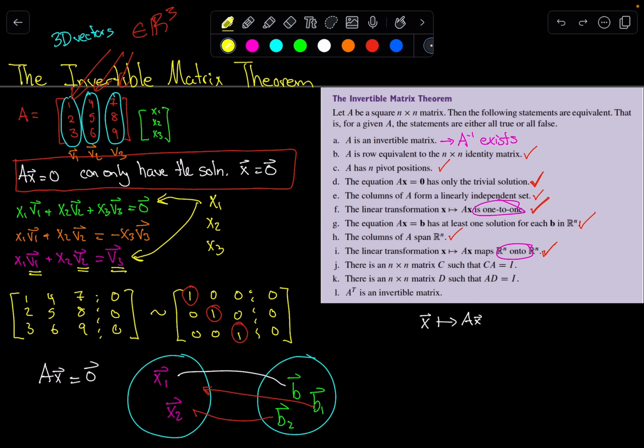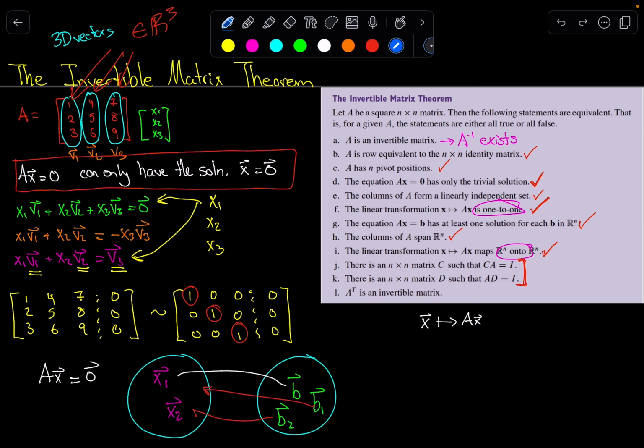So A inverse existing gives us these two as well. I'm not exactly sure why the textbook writes it like this, because this C here is just A inverse and this D here is just A inverse, right? It basically says there's an n by n matrix such that one of those things happens. That is A inverse.